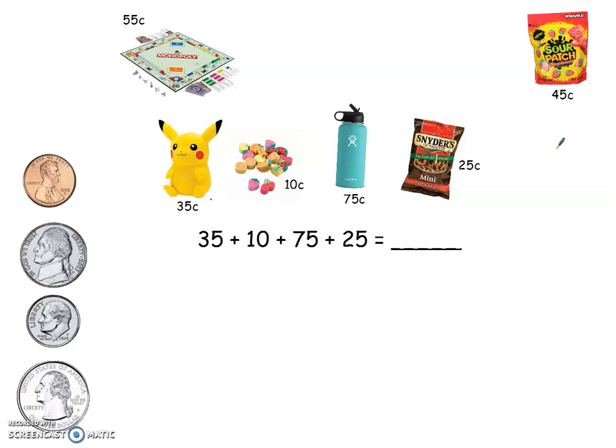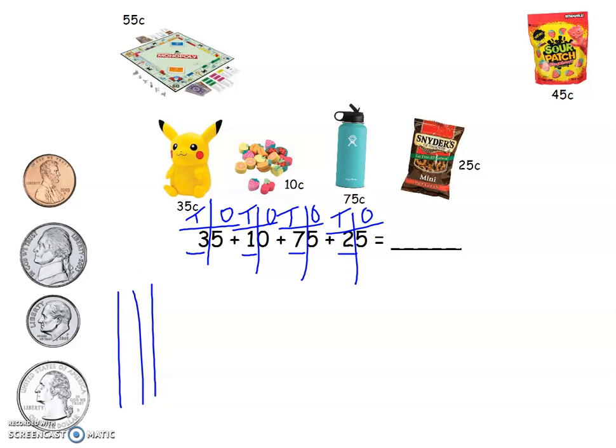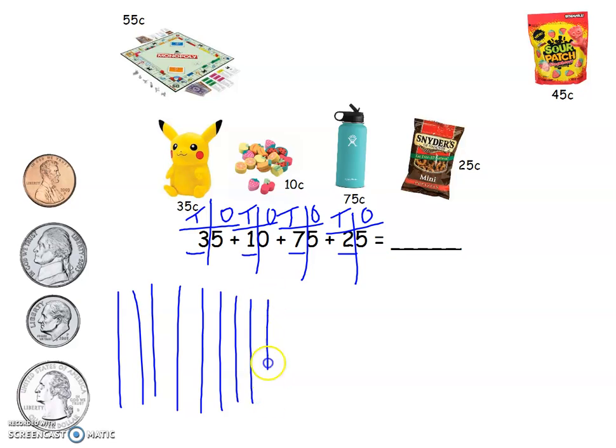All right, so I'm going to break this up. Tens and ones, tens and ones. Okay, so I'm going to start with my tens. I've got 3 groups of 10, 1 group of 10, 7 groups of 10, 2 groups of 10, 10, 20, 30, and I've got my 1, and I've got my 7, 20, 30, 70, 20.